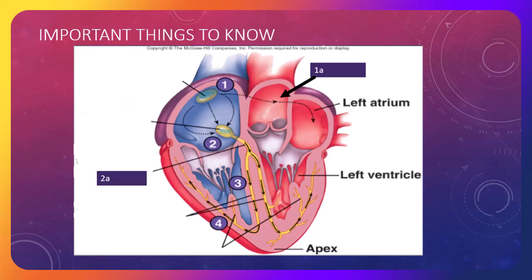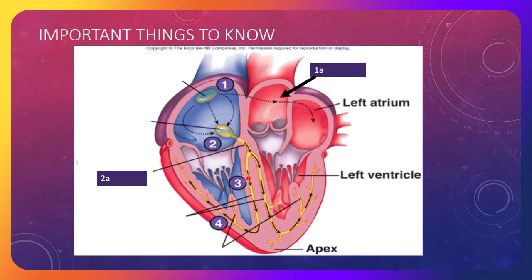Important things to know. Know the conduction system of the heart, please. Know that this is our SA node, and it comes over to the left atrium by way of Bachmann's bundle, and these are known as internodal pathways, coming down to number 2, which is the AV node. Okay, good. And 2A is the bundle of His.